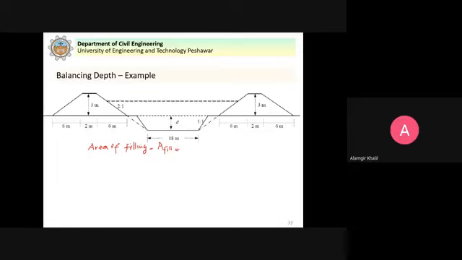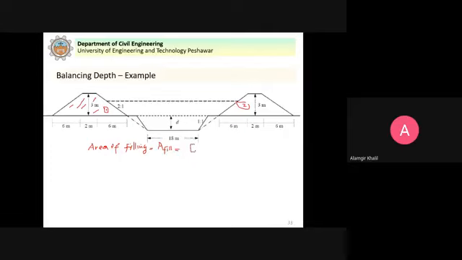You can see here that this is the filling. This is the first area here, and this is the second area. The dimensions are the same. If we can calculate the area of one trapezoid, we can just simply multiply by 2 to get the total area for filling.